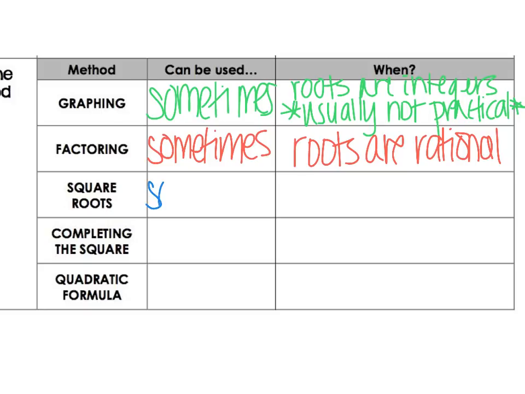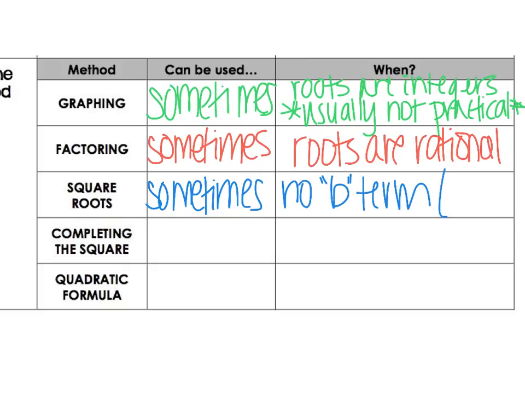Solving by square roots. This we can do sometimes, and we kind of went over when we can't do this already. So we can solve by square roots when there's no b term, all right? When there's no b term or x term, then we can solve by square roots.